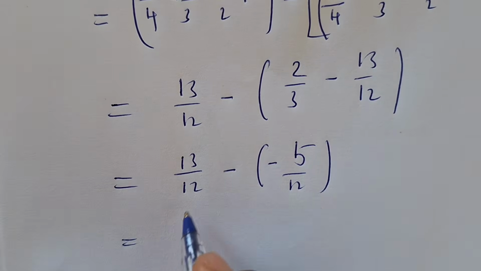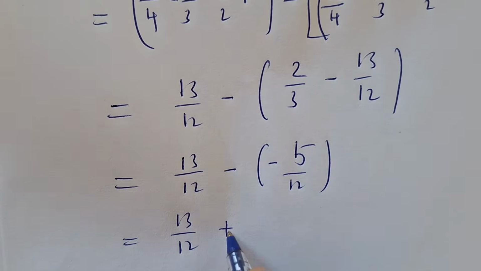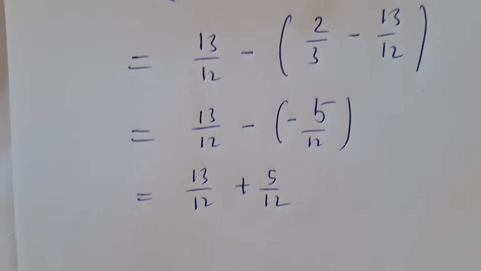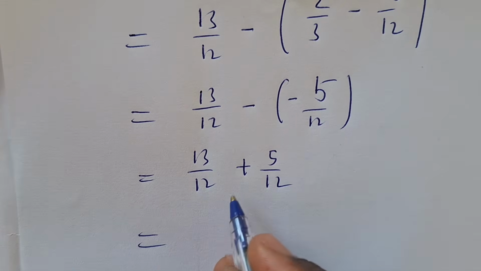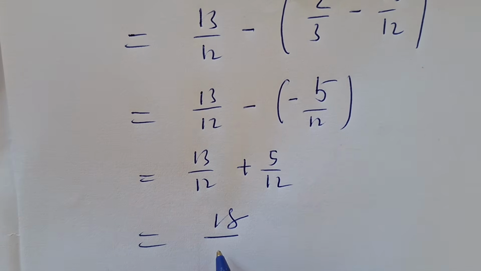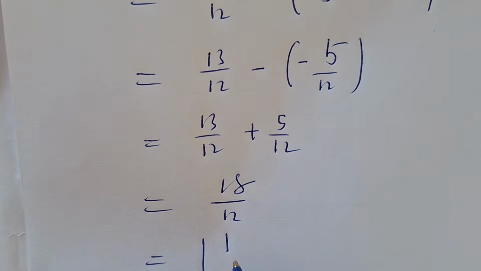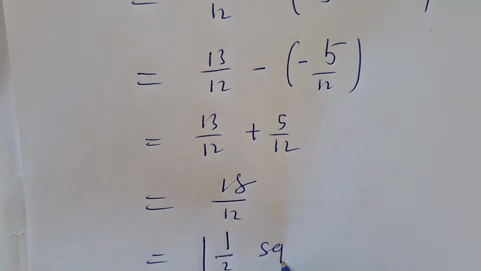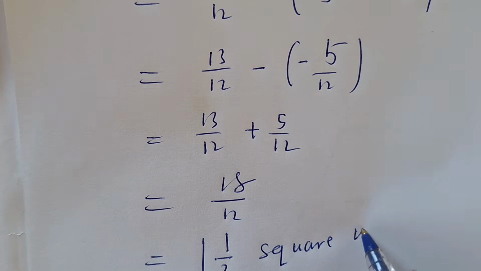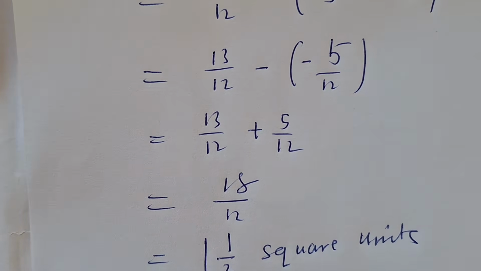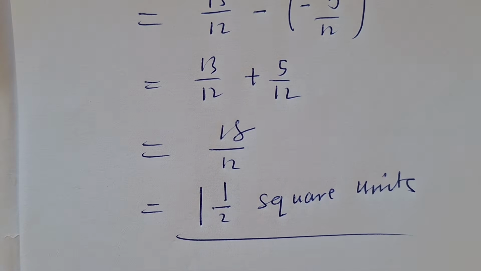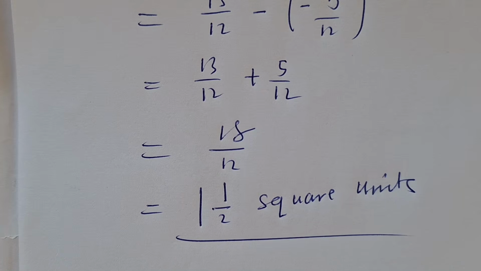And then here it will be 13/12 plus 5/12. Simplify further, it will be 18/12, which is equal to 1 remainder 1/2 square units. So this is the answer for question 11b.